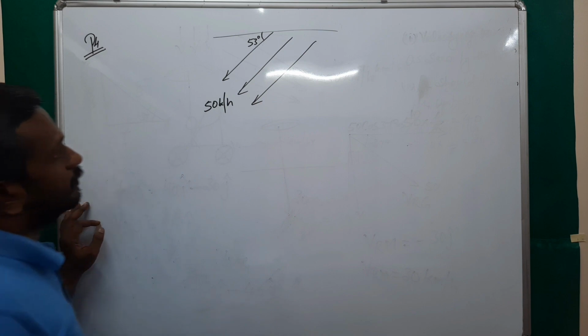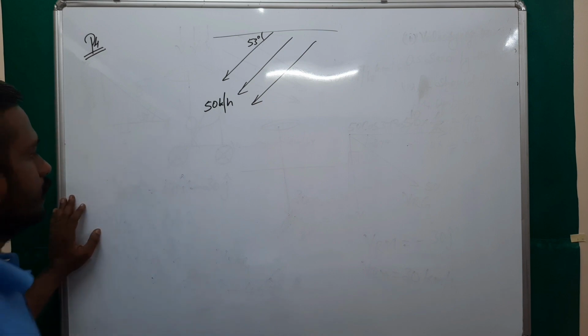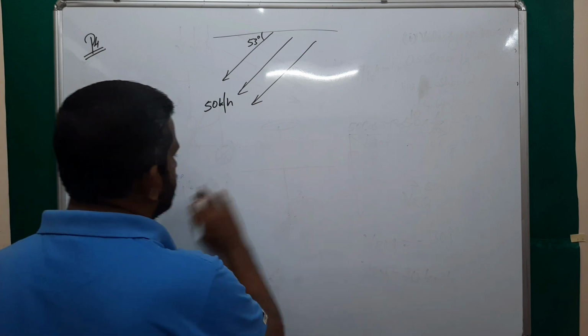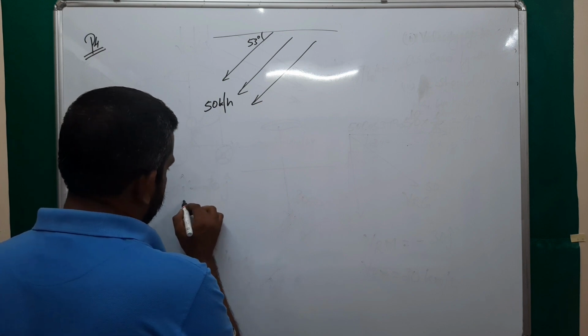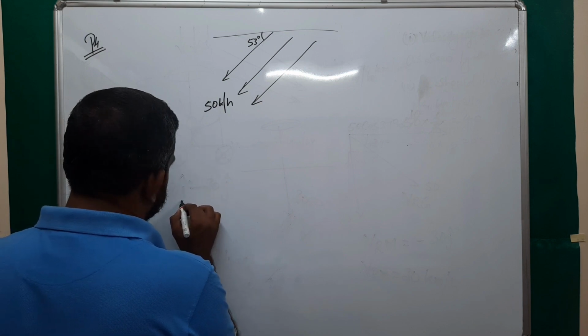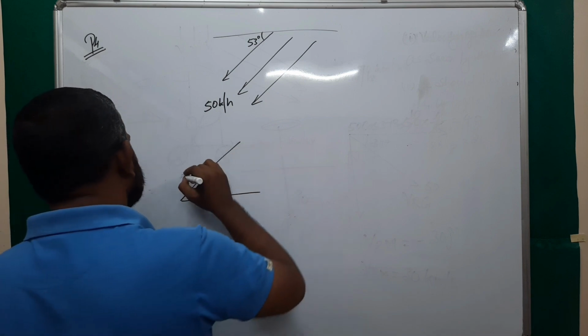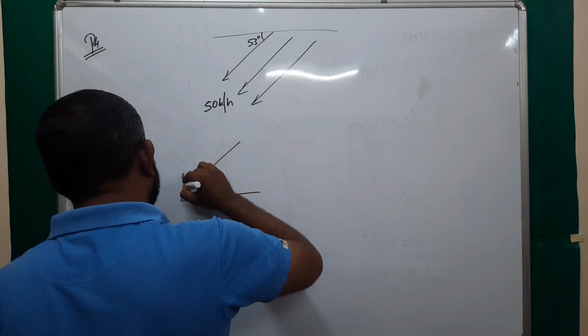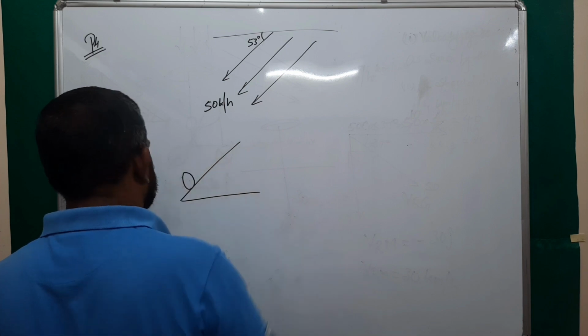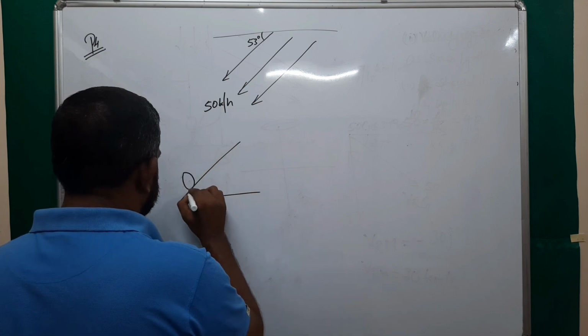So, the man is moving in a cycle on an inclined plane. This angle is 37 degrees.